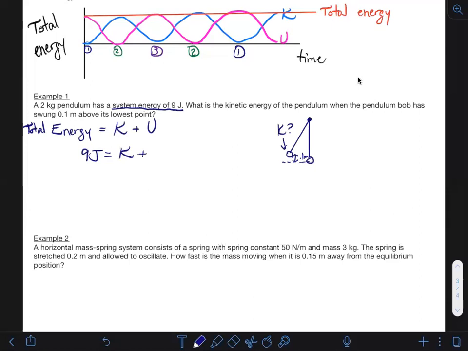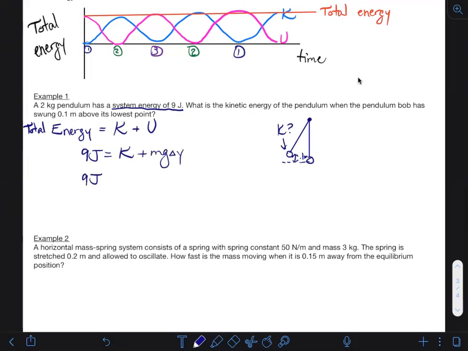So I could try to calculate how much gravitational energy I have at that particular moment in time. And that should allow me to then calculate how much kinetic energy I have. So I'm going to do a little bit of mg delta y in order to do this.